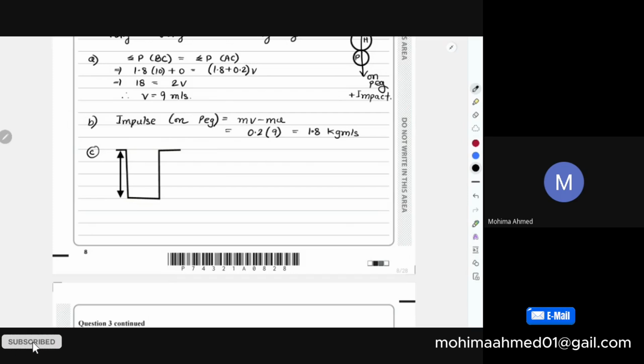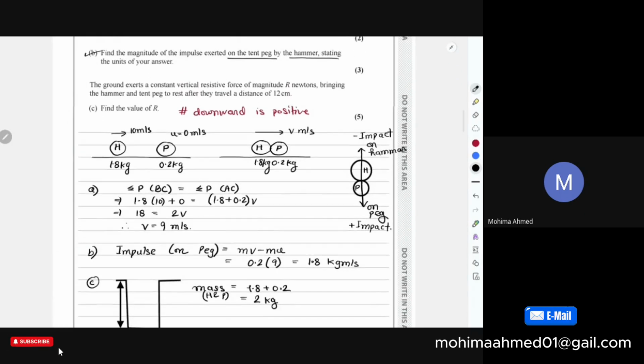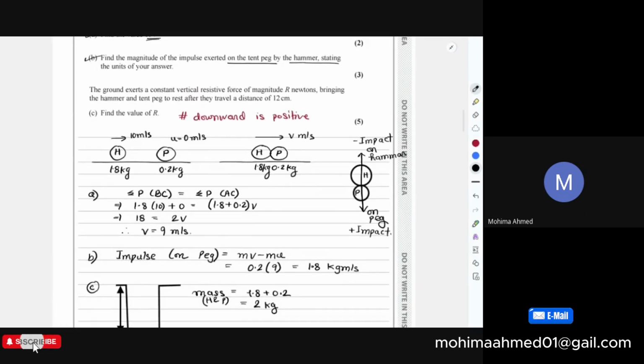When they're traveling, they were traveling as a combined mass, right, which was 1.2 and that 0.2 kg. So you have the combined mass of hammer and peg, which is 2 kg. And what else? There was this resistive force acting.